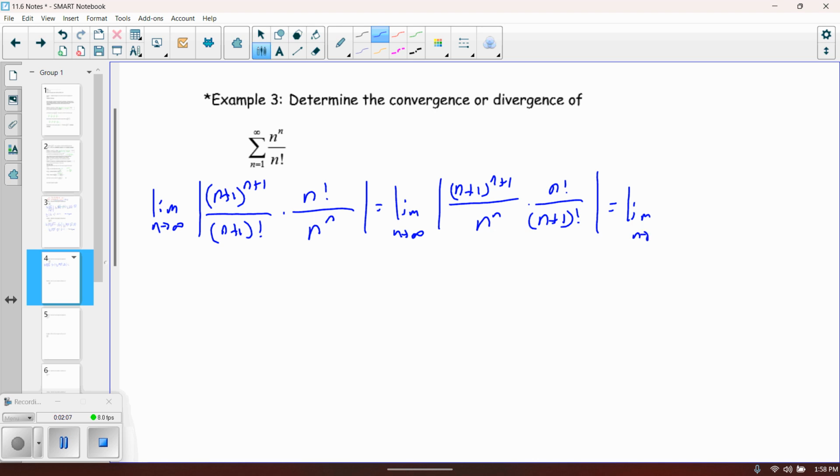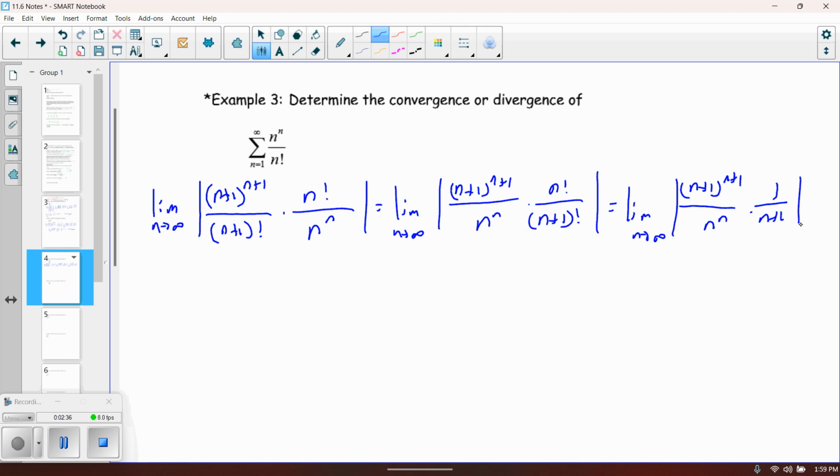I'm just going to leave the other one alone for right now. Remember that n plus 1 factorial is the same thing as n plus 1 times n factorial. So you're just going to be left with a 1 over n plus 1 out of that. At this point, it doesn't look like that has helped very much, but it will.